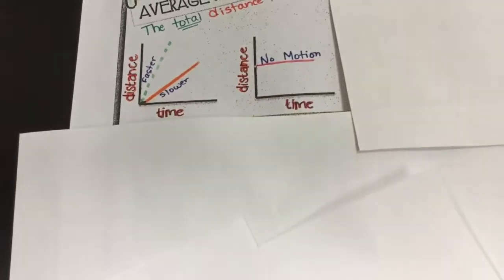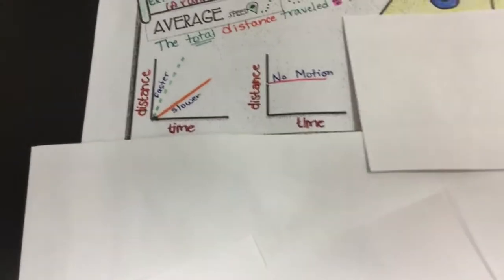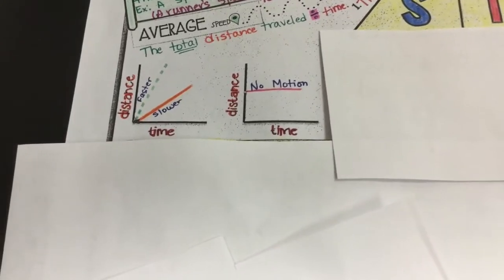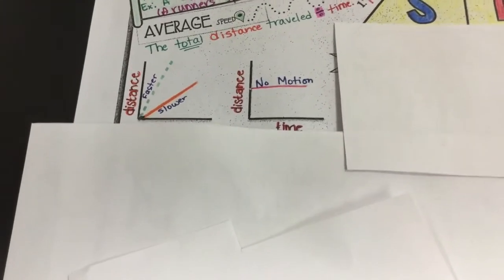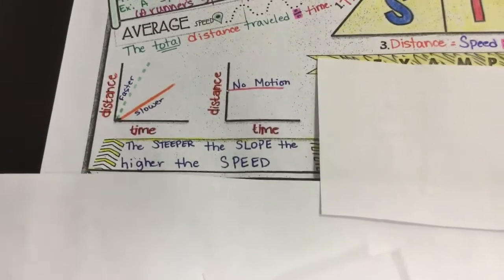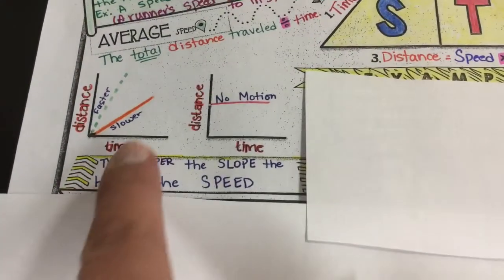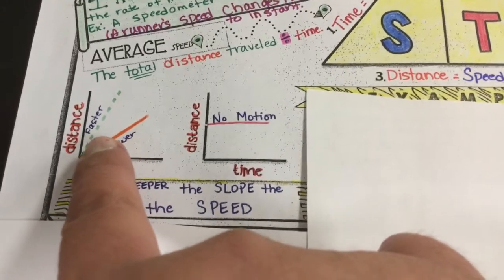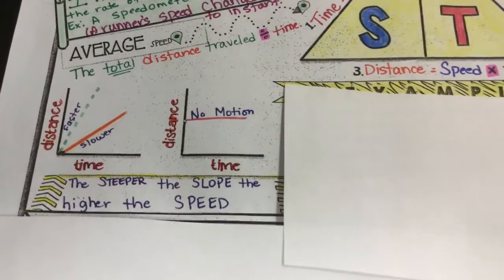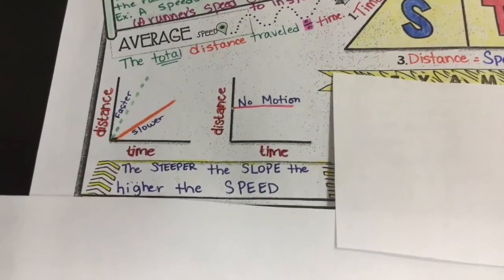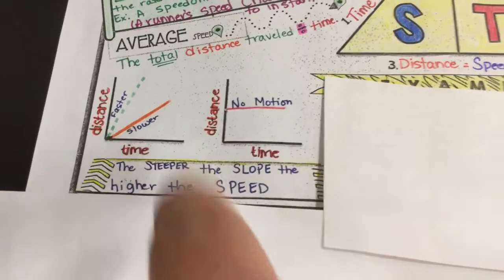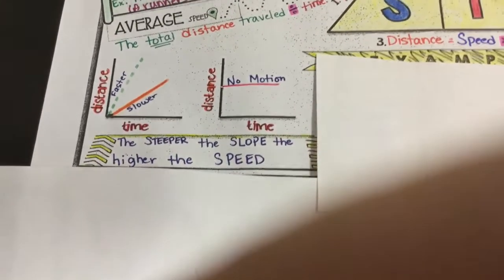Now, what we need to remember is the steeper the line or the slope, the higher the speed. Meaning the faster the object is going, this line is going to be a lot closer to the y-axis or to your distance. The slower it's going, it's going to be closer to the x-axis.